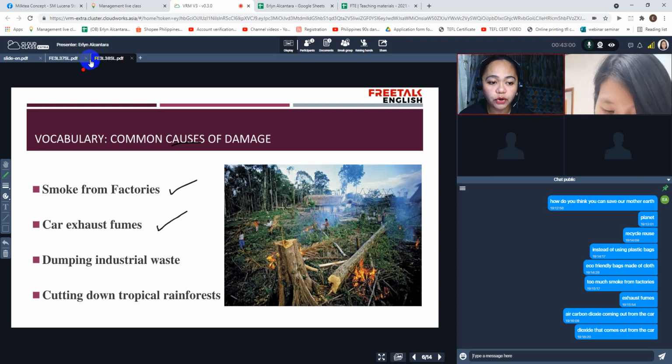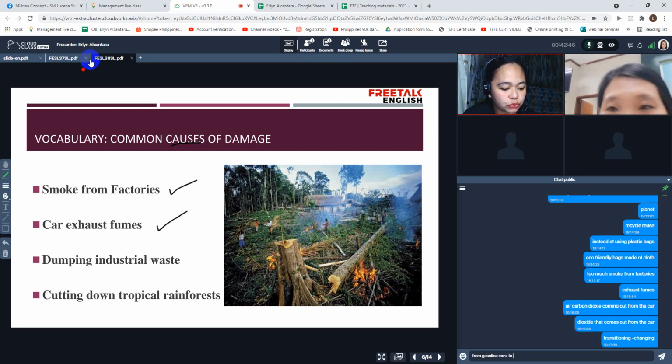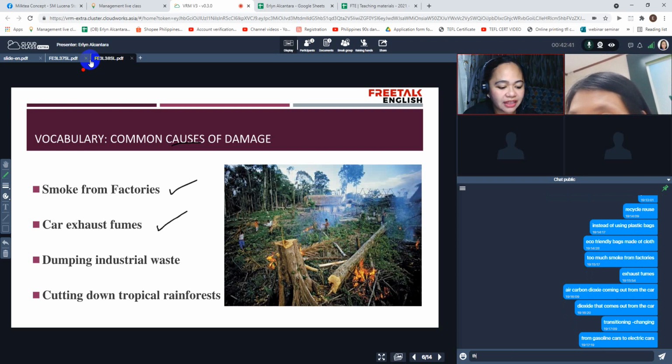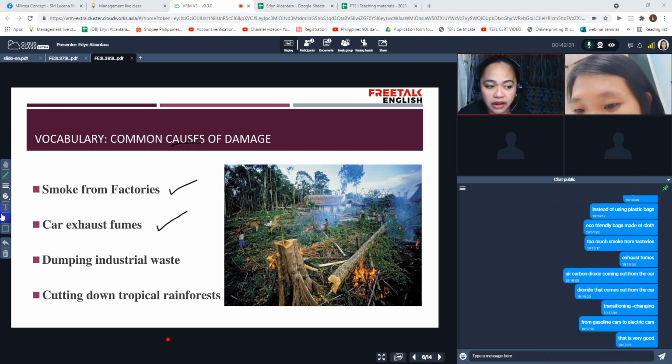If you are transitioning or changing your cars from gasoline cars to electric cars, then that is very good because it means your environment will no longer get dirty with the car exhaust fumes.